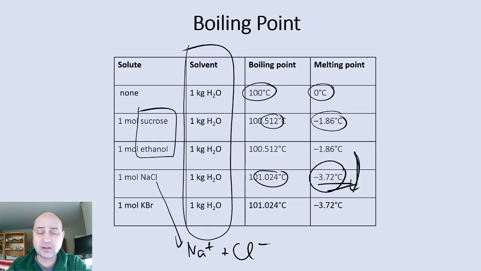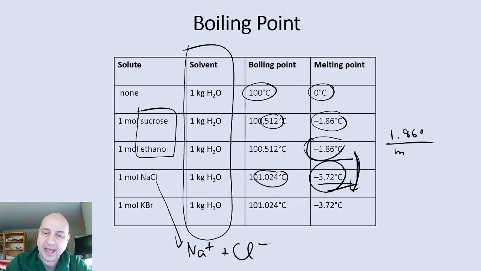Your freezing point depression constant is going to be 1.86 degrees per molal, exactly that, because we took 1 mole, and the boiling point elevation is going to be 0.512 degrees per molal.